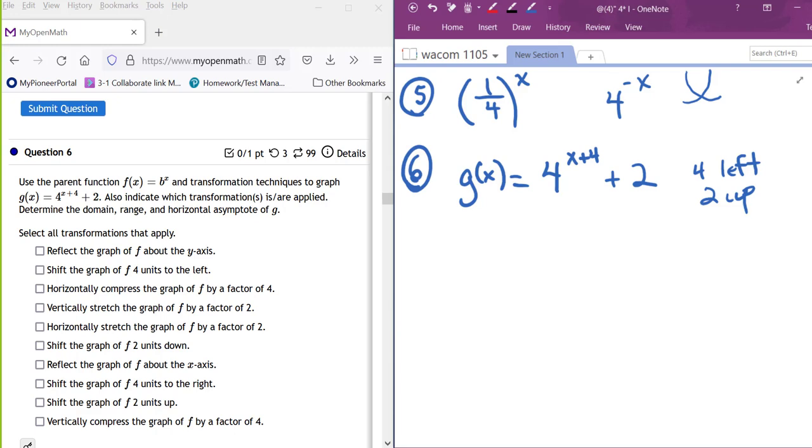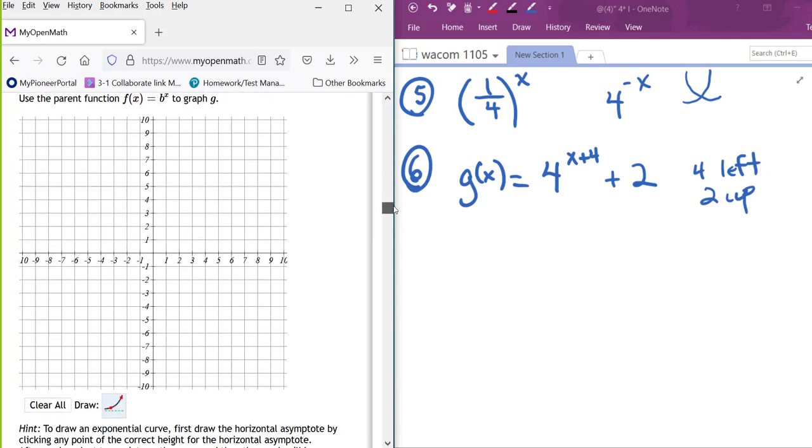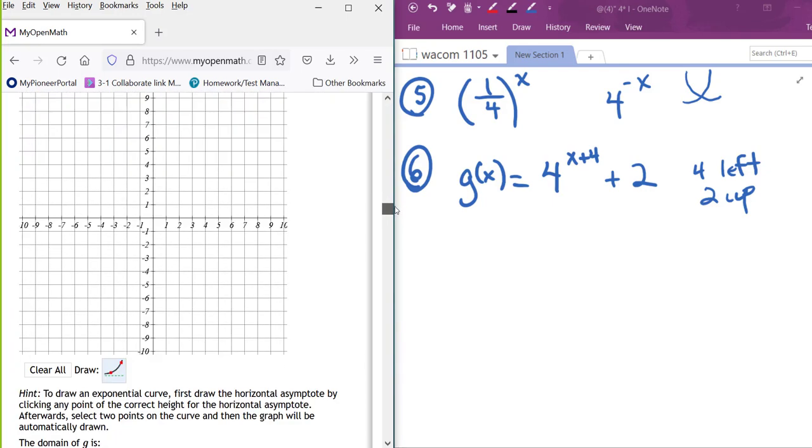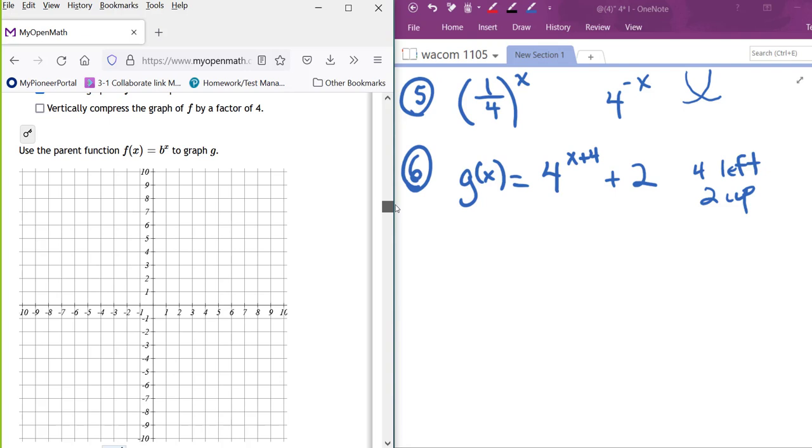So 4 to the left. And 2 up. And then they want us to graph it.